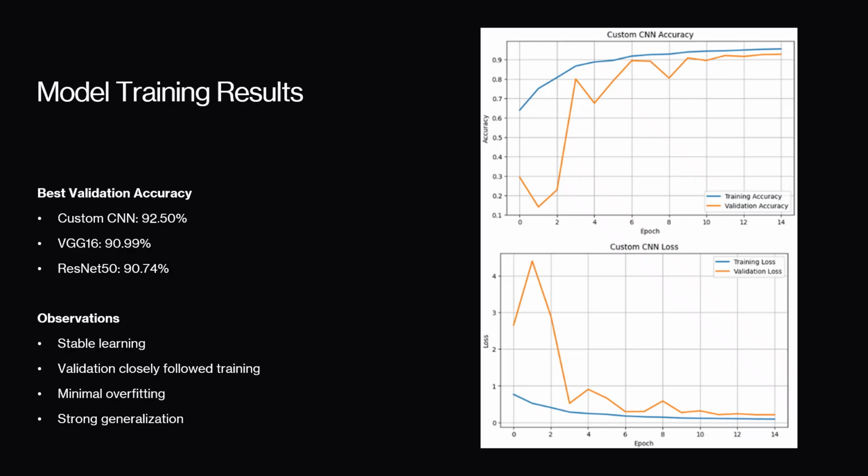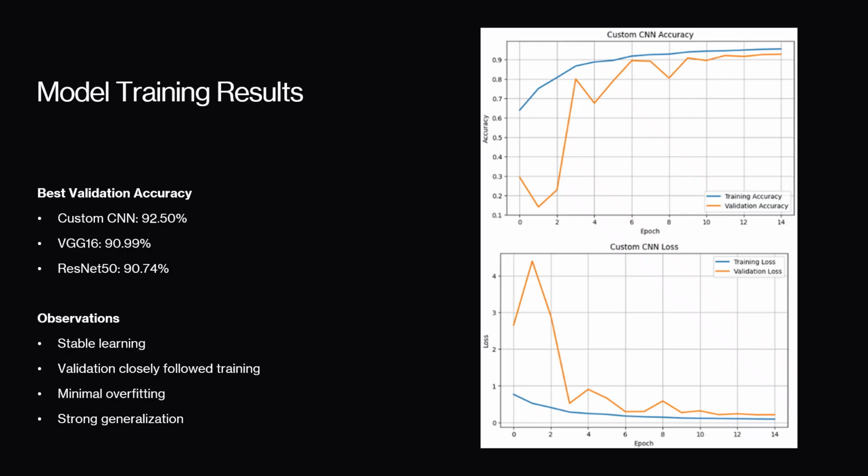Training accuracy consistently improved over successive epochs, while validation accuracy also increased, eventually reaching 92.50%. At the same time, validation loss steadily decreased, indicating that the model continued improving its predictions on previously unseen data.